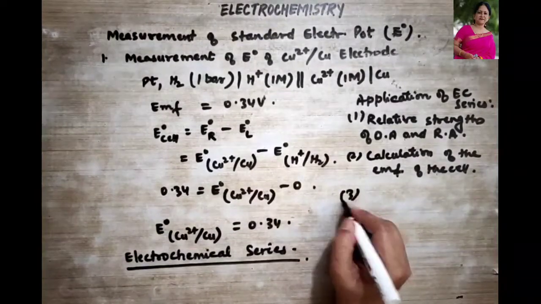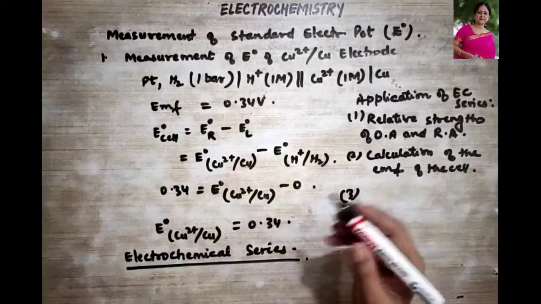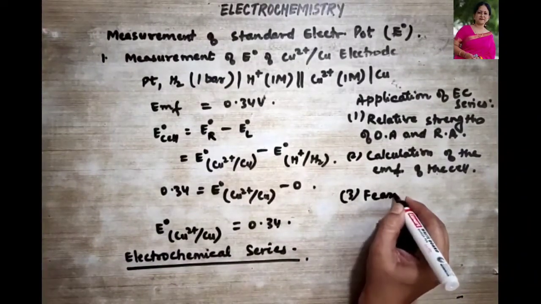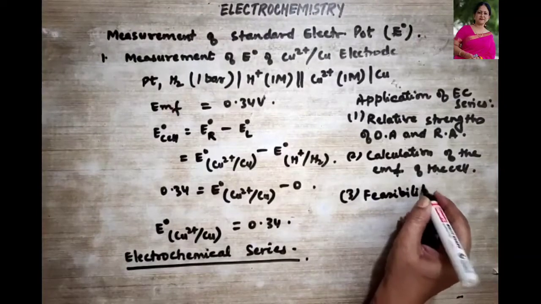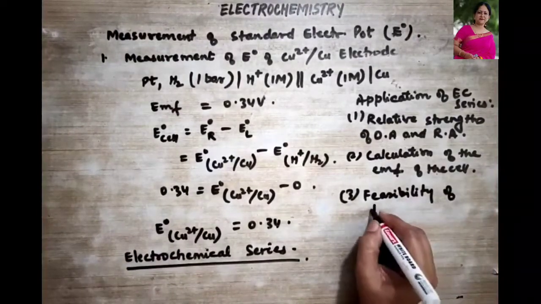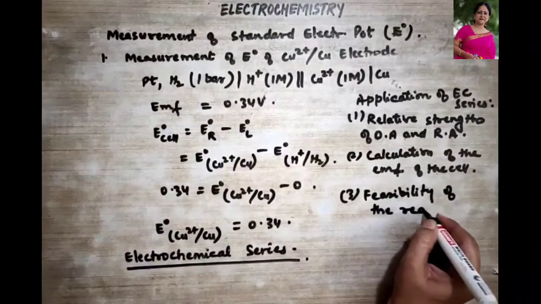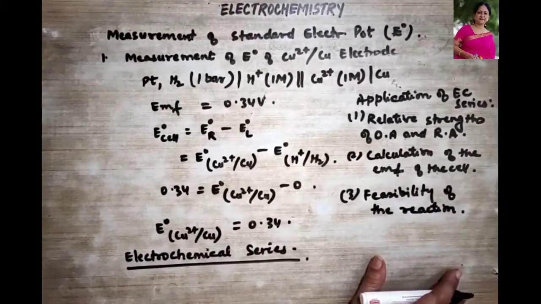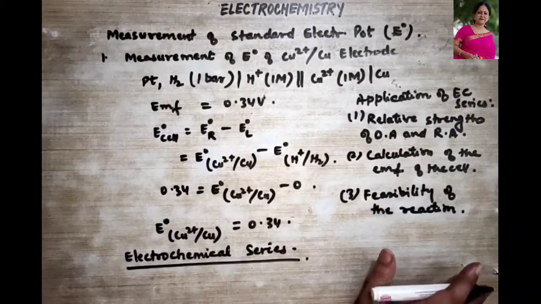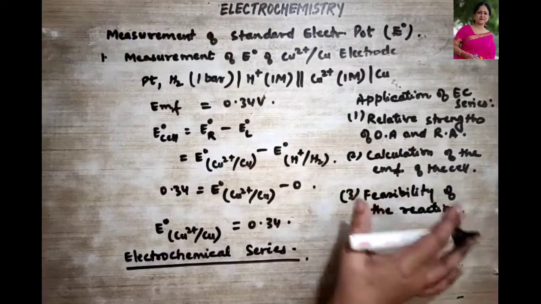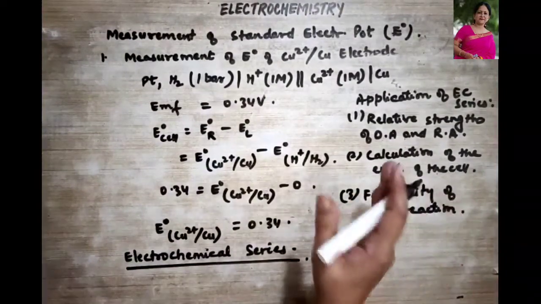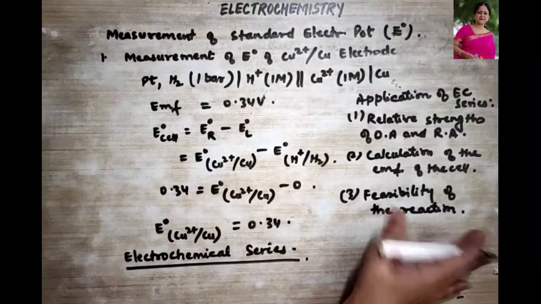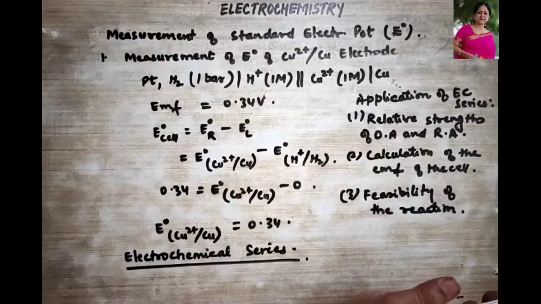Then the third point, it also helps to predict the feasibility of the reaction, that is the difference of the higher reduction potential electrode and the lower reduction potential. It gives the positive EMF value and it also predicts the feasibility of the cell reaction.